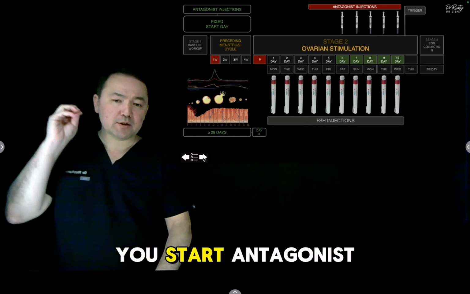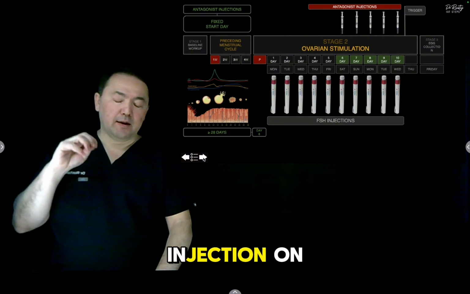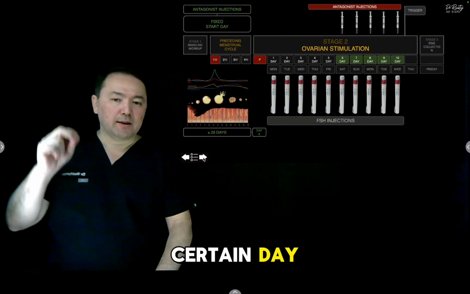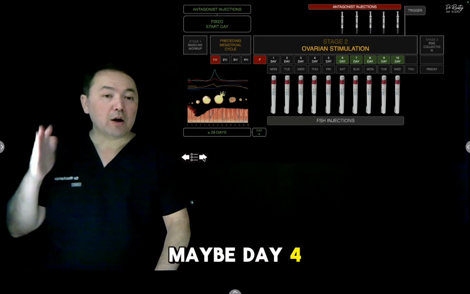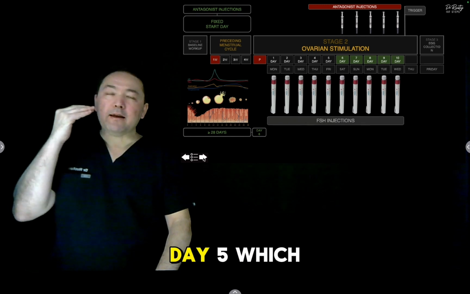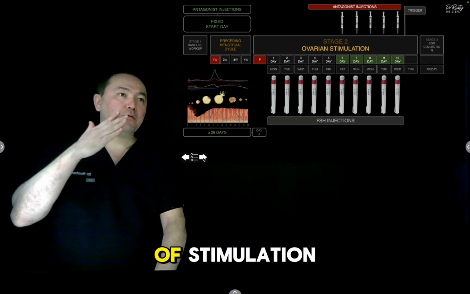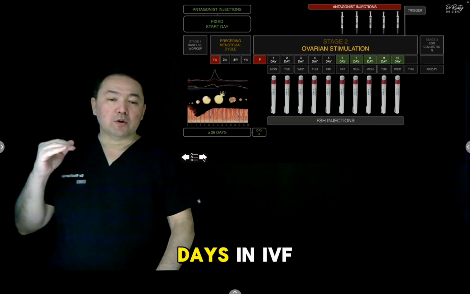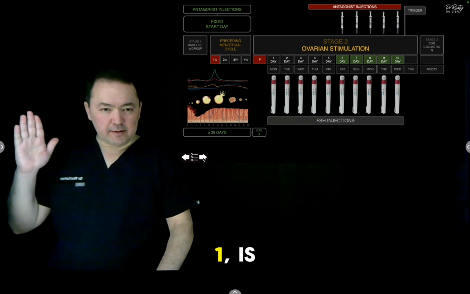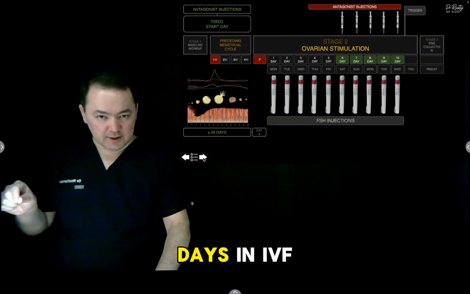Fixed means that you start the antagonist injection on a certain day for all patients. Usually it's day 5 or day 6, sometimes maybe day 4 of stimulation. When we say day 5, it means the 5th day after starting your FSH. Days in IVF go by day 1 being the first day of your injection, not your menstrual period.